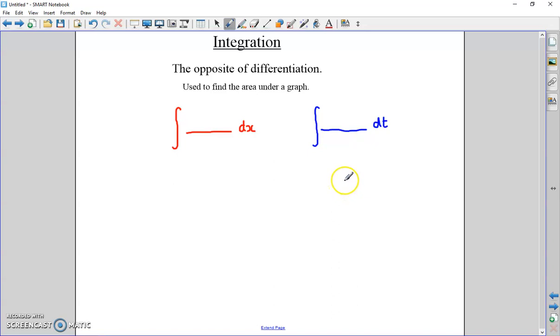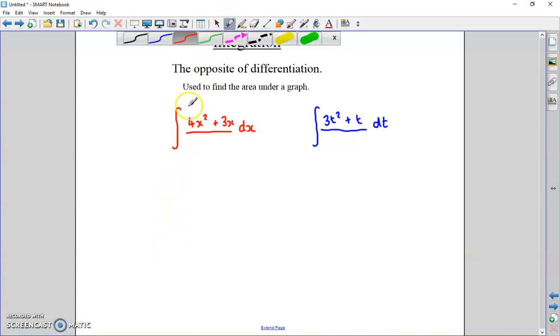But all it means is that here you might have an expression that's in terms of t, something like that. And here it just means your expression is in terms of x, like that. Okay, just what you're integrating with respect to, what is the variable that you're integrating with.